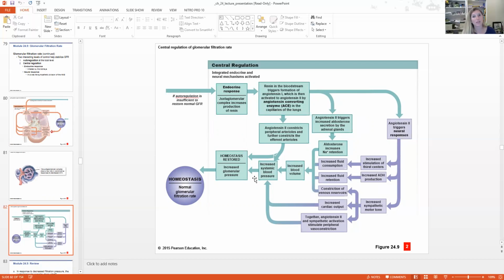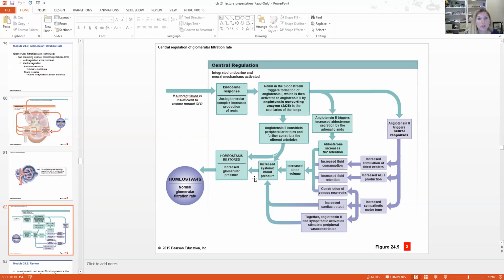Renin is released and converted into angiotensin 1 in the liver, and then that goes into our lungs and is converted into angiotensin 2 by angiotensin converting enzyme, ACE. Angiotensin 2 then goes down to our adrenal glands and releases aldosterone.